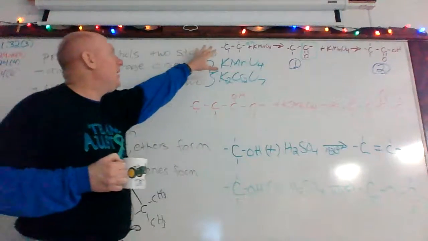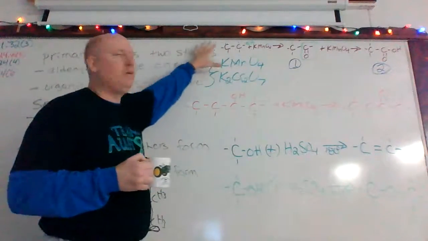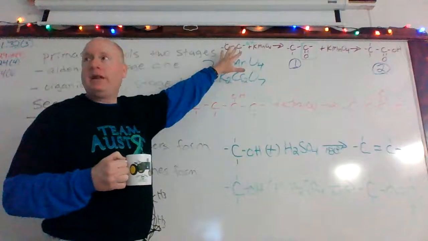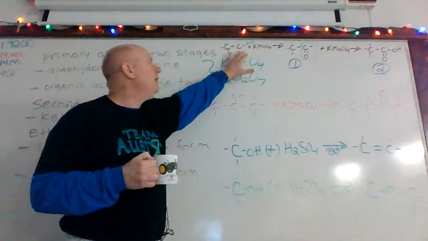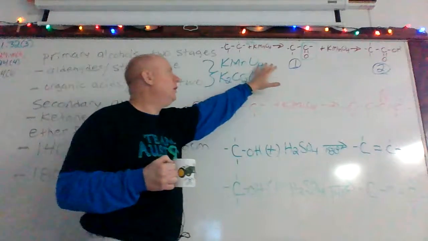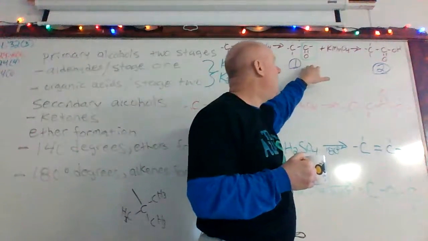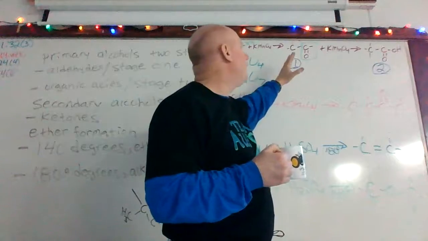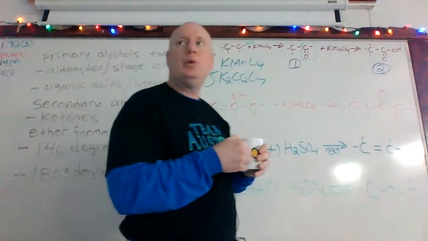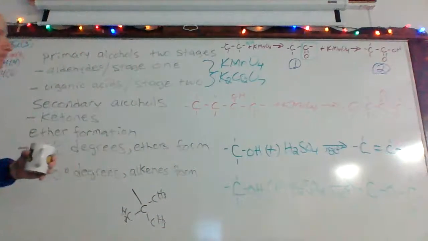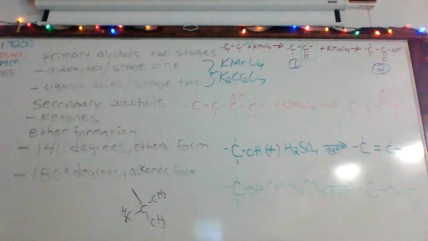So again, this is any primary alcohol, and there could be other derivatives branching off of here. As long as this is on that first carbon, it's a primary alcohol that will get oxidized to an aldehyde and continue after stage 1 into stage 2, where it's converted then to an acid. Again, why that is, I really don't have an answer at this time.